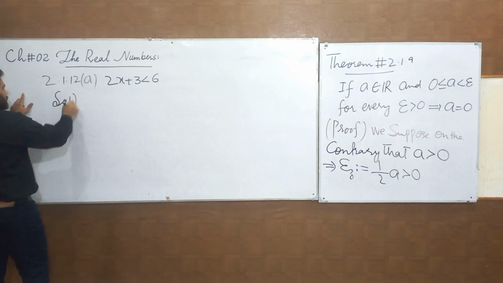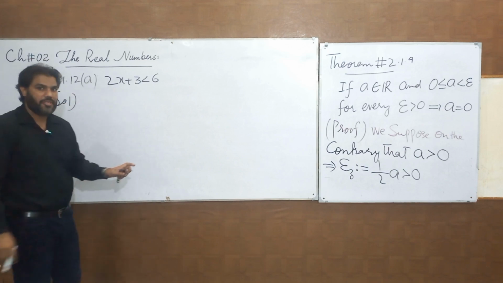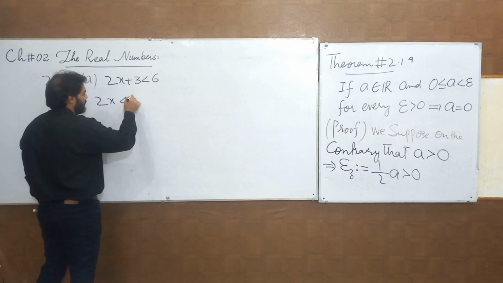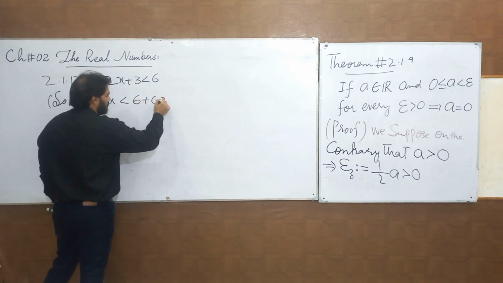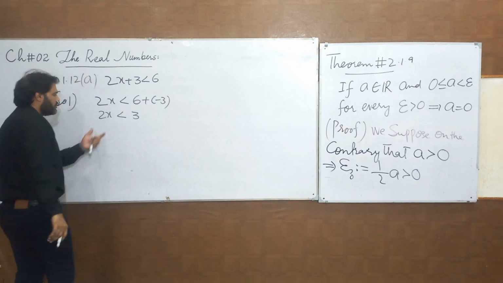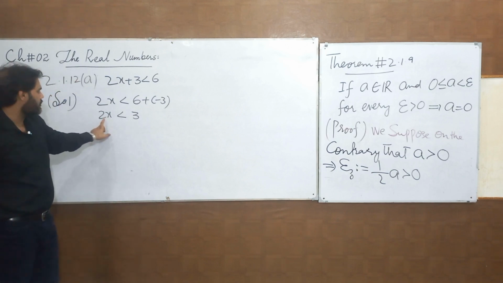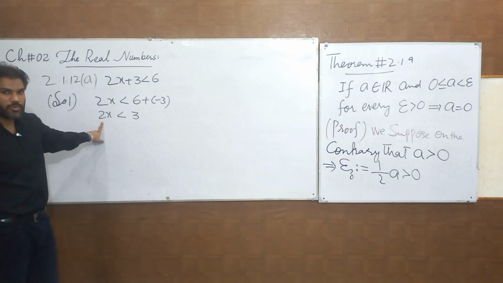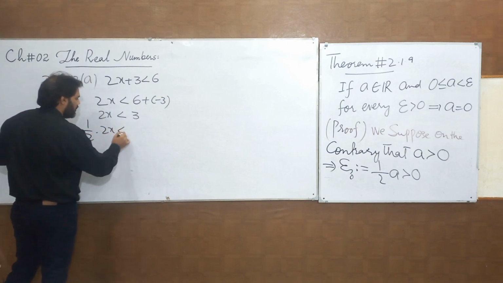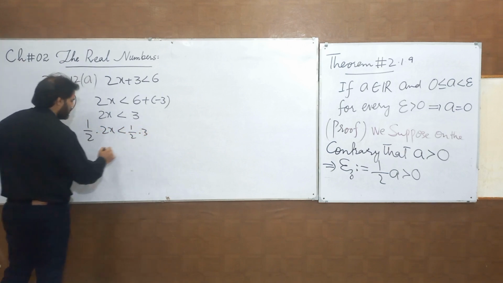This is very simple. By adding the additive inverse of 3 on both sides, we have 2x less than 6 minus 3. This is 2x less than 3. Now by multiplying the multiplicative inverse, or the reciprocal, of 2 on both sides, this gives 1 by 2 into 2x less than 1 by 2 into 3.